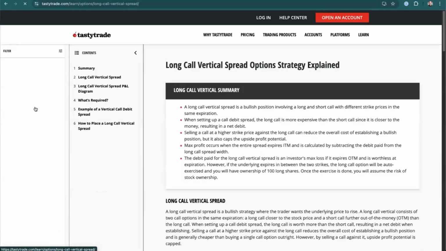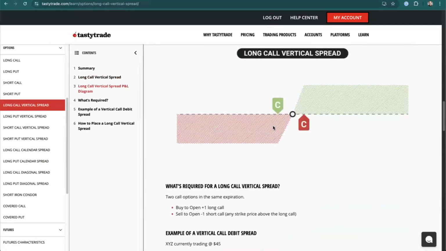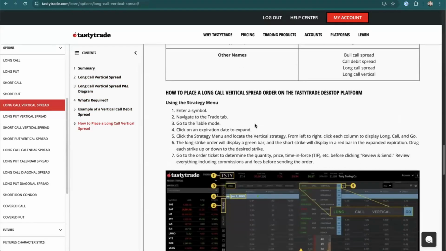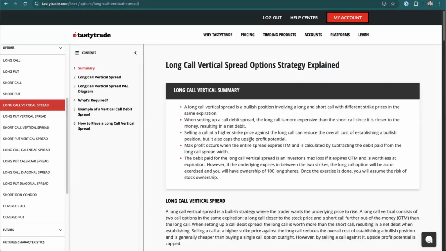So, we talked about long call vertical spreads. This is going to give you a breakdown on how it works, what the profit or loss zones are, some examples, how to set it up on the platform. So a bunch of great information on our Learn pages.